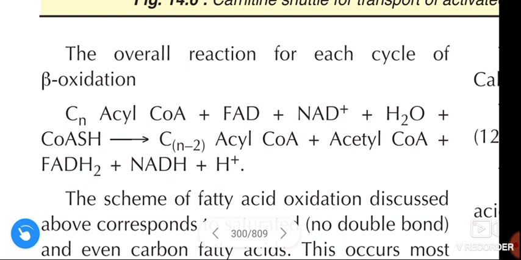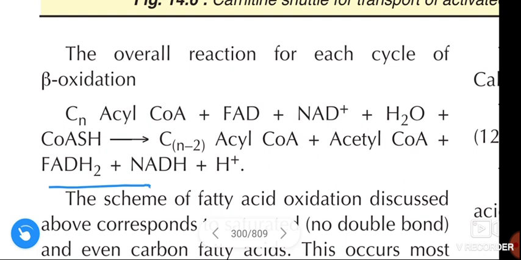Now I am going to tell you about the energetics of each cycle of beta oxidation. For each cycle of beta oxidation, one FADH2 and one NADH are formed. These are the energetics formed for each cycle.